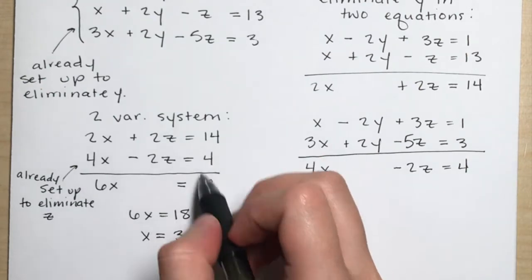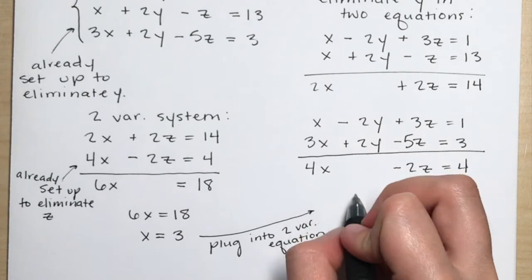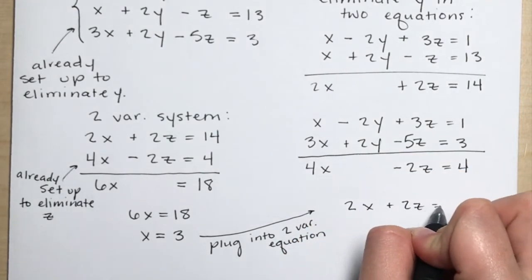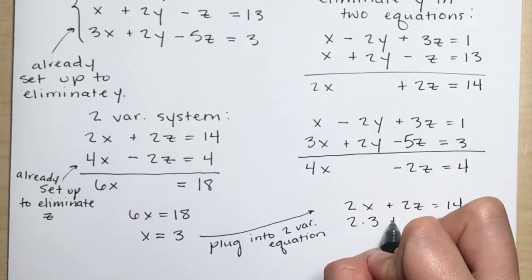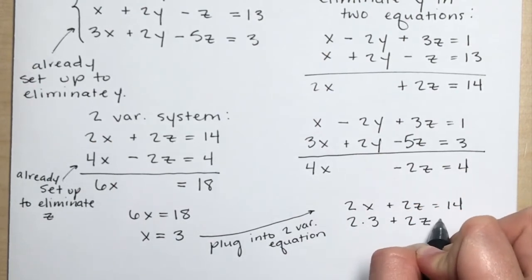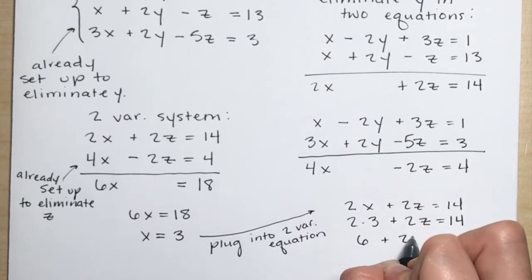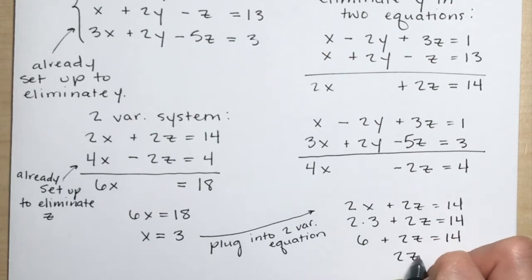We can pick whichever one we want. I'll pick this one because it's got a smaller x coefficient. So 2x plus 2z equals 14. We plug it in, we get 2 times 3 plus 2 times z equals 14. So we've got 6 plus 2z is 14. So 2z equals 8. So z is 4.